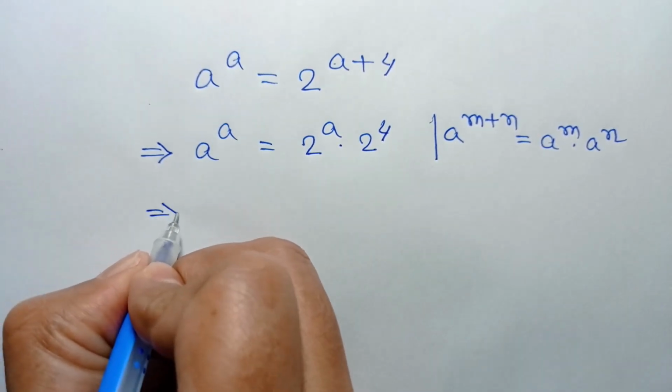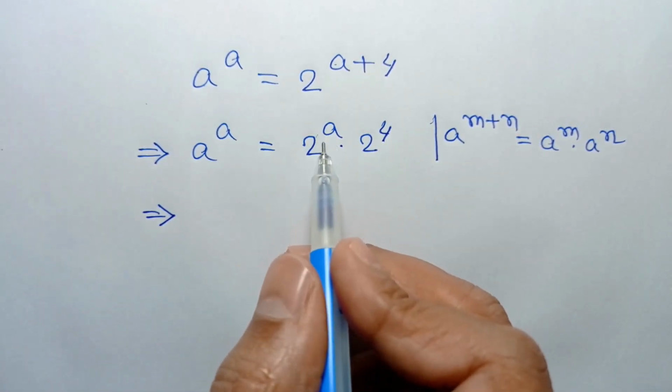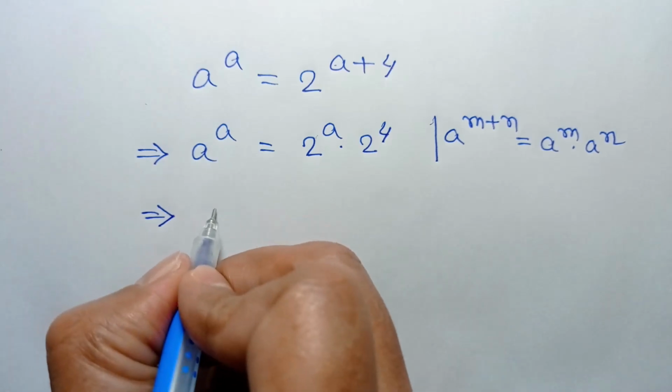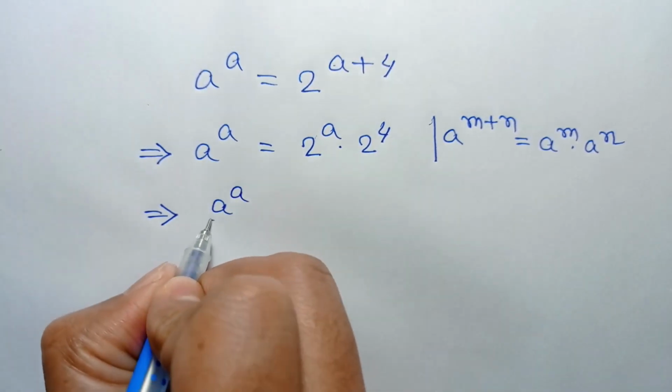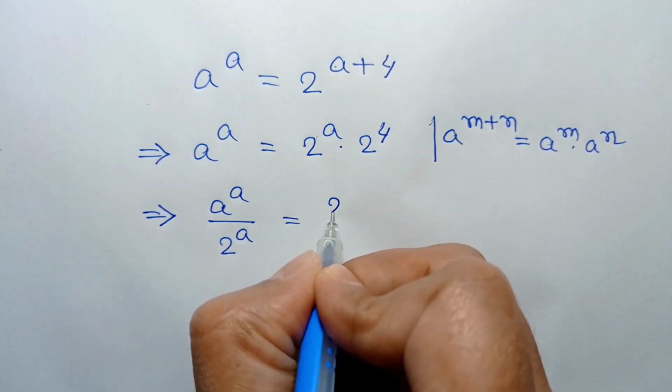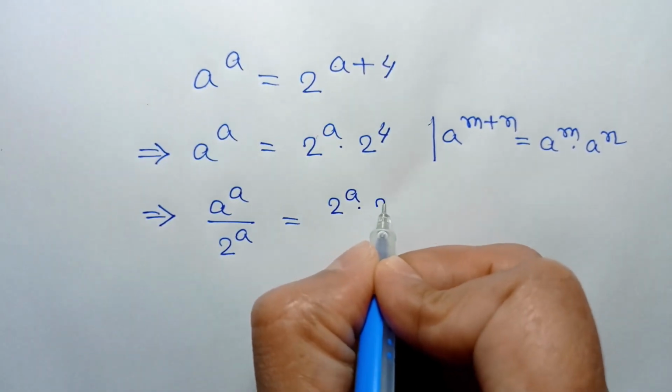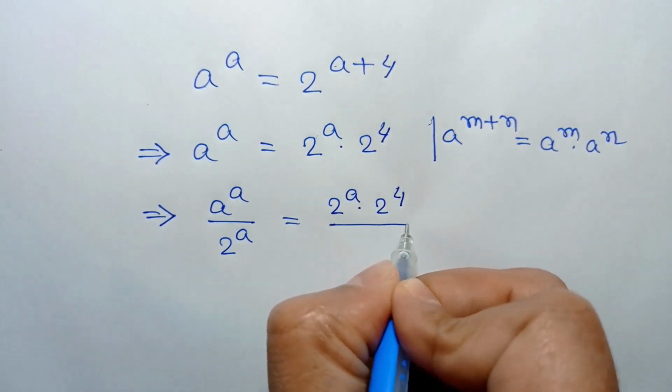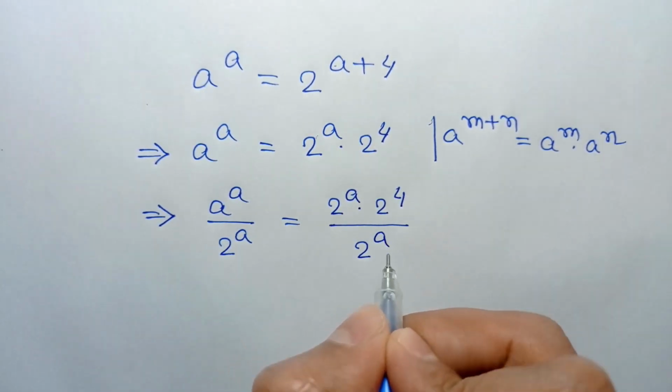Dividing both sides by 2 to the power a, we can write a to the power a over 2 to the power a is equal to 2 to the power a times 2 to the power 4 over 2 to the power a.